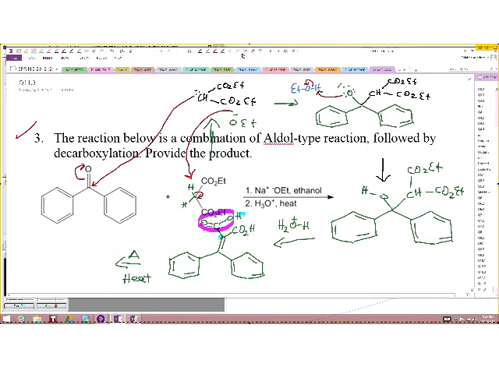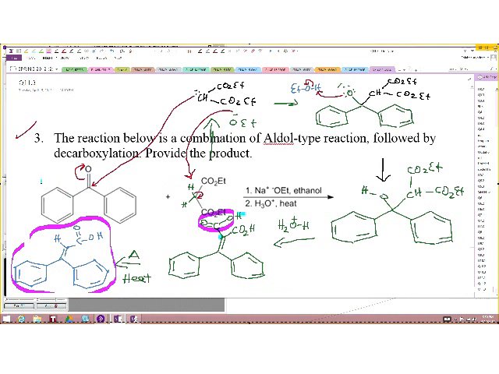This hydrogen here will come to this carbon here, and then we'll get this product. Okay, and that is the product you are going to get. So that is the product of this particular transformation right here. Okay? And that is what they're asking you to do.